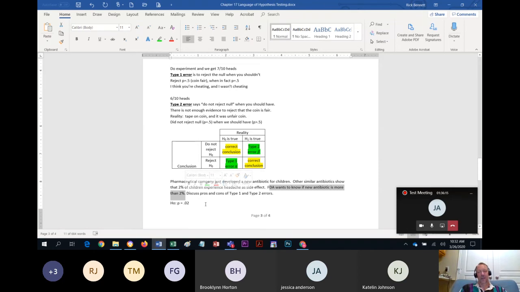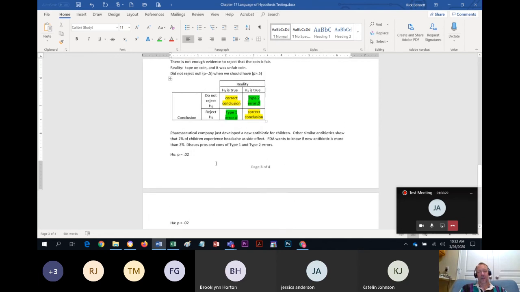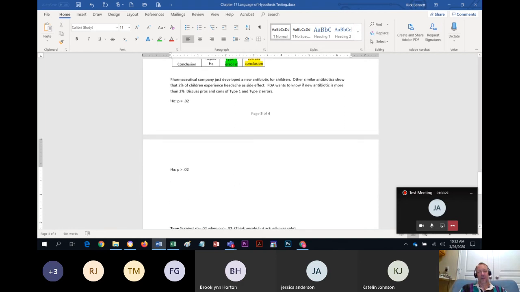Okay, so let's talk about this. Our null hypothesis is 2%. The null hypothesis says 2% of children get headaches, and we want to know if more than 2%. Your type 1 error means to reject the null when you shouldn't.